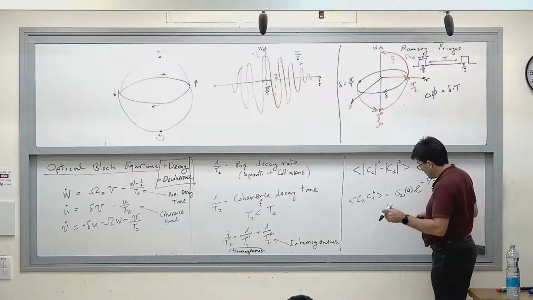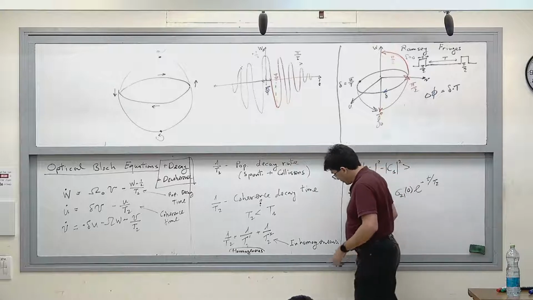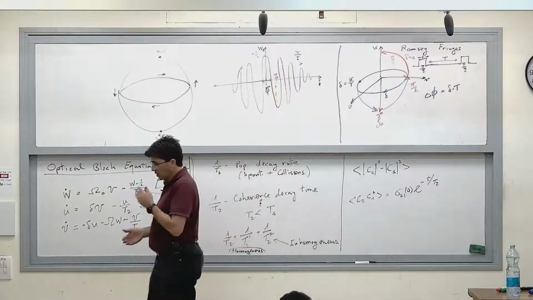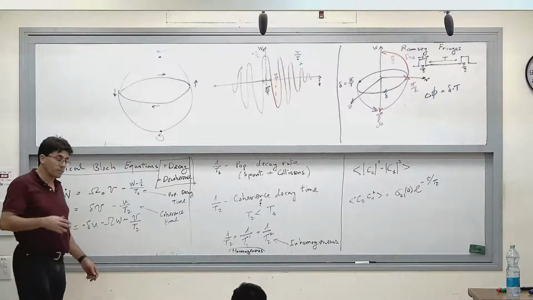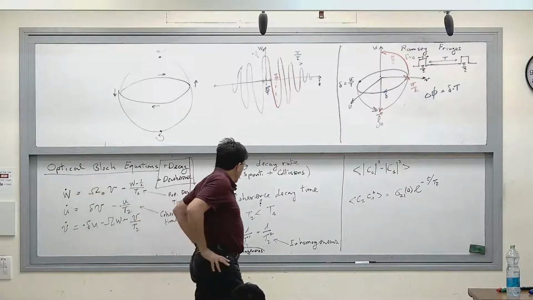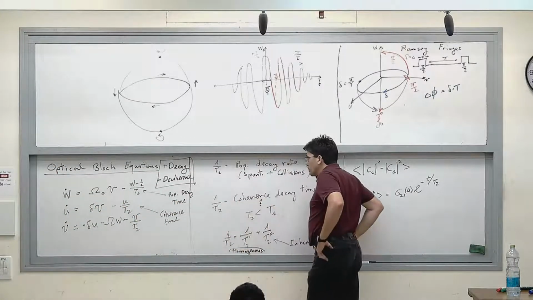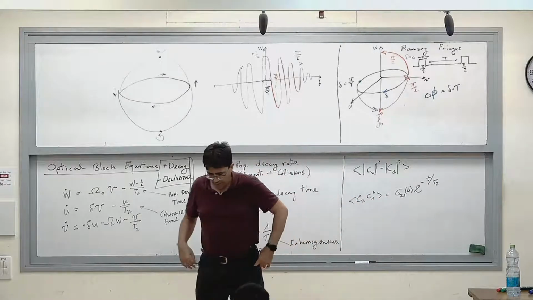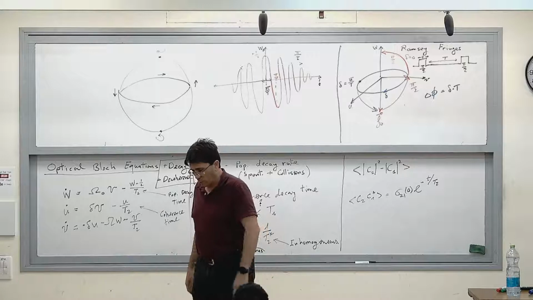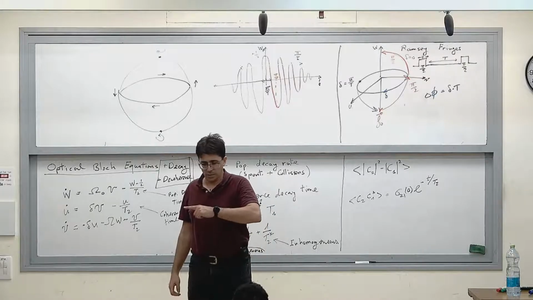Well, think about this. I can describe two possibilities. Let's think of the first one. We just said, for example, that if I take a short pi over 2 pulse, I'll end up in the UV plane.